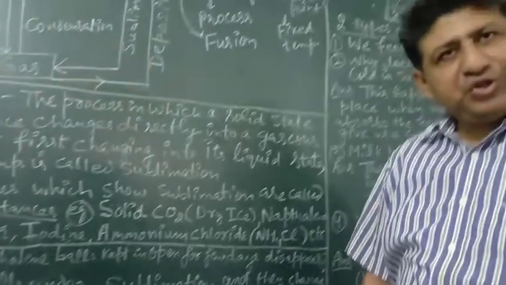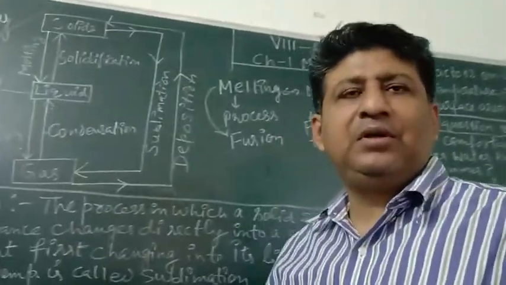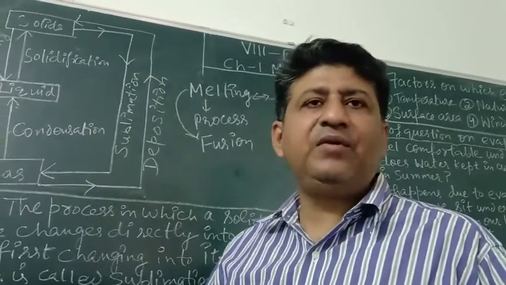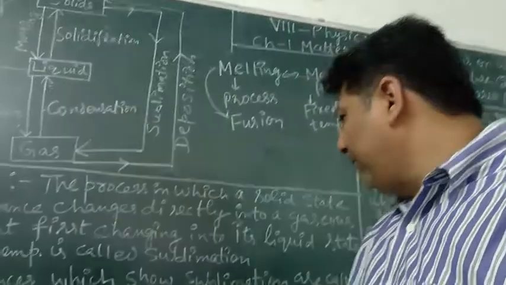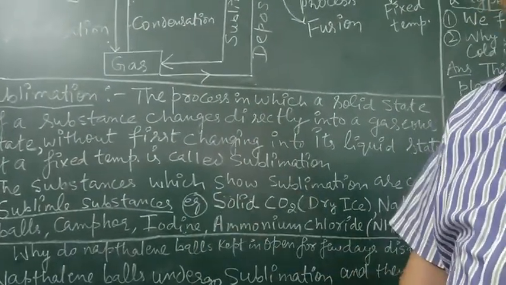So they change into vapor, and these vapors then disappear, and the naphthalene balls, to us, disappear in a few days. That may happen with a piece of camphor as well, if we crush it.